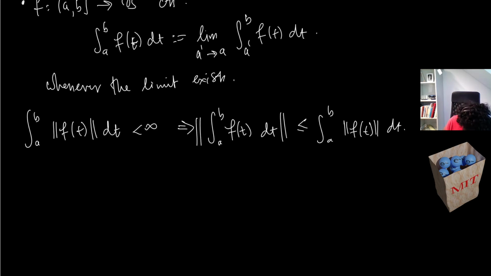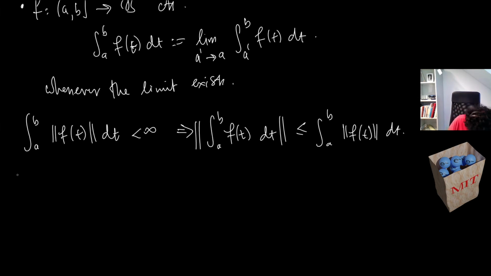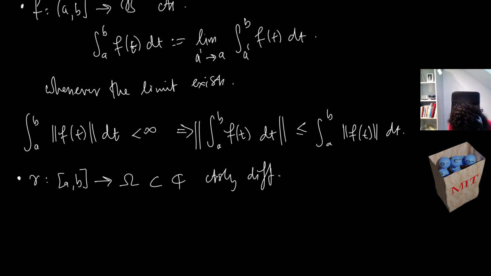Okay, so now the third thing we want to look at are contours, right? So gamma is a contour from the interval [a,b] into omega, which is some subset of C. So this is a contour. It's continuously differentiable.